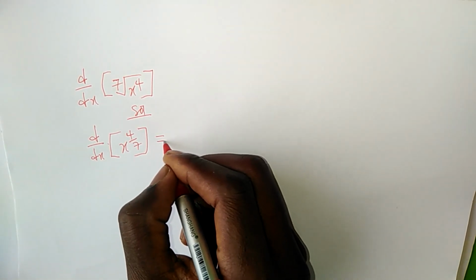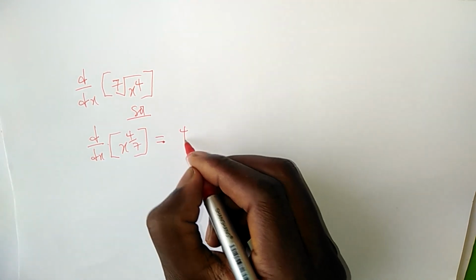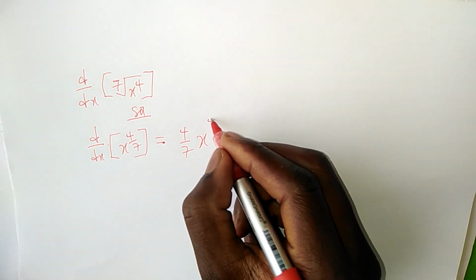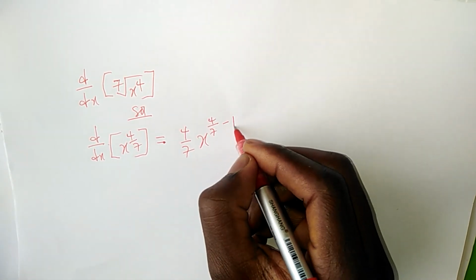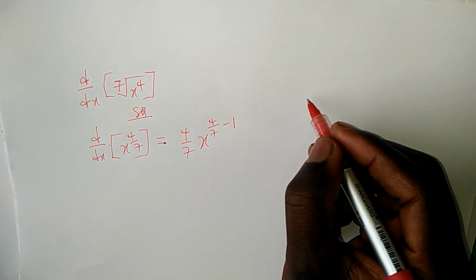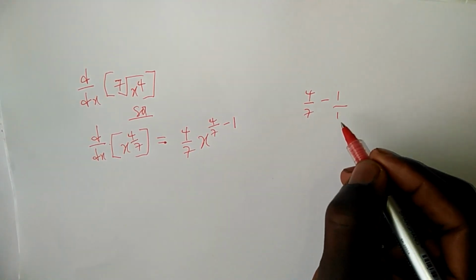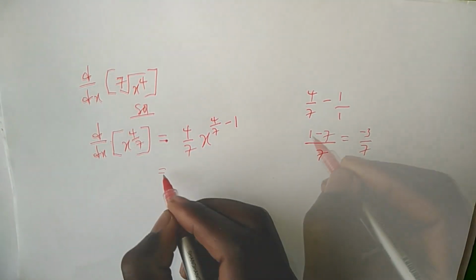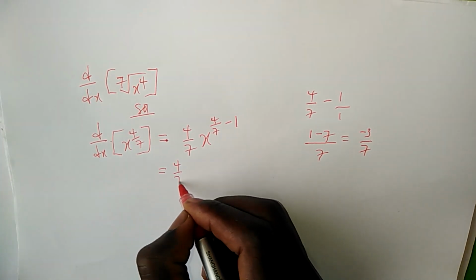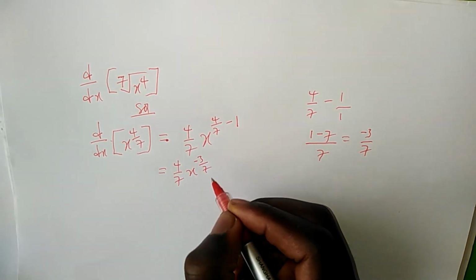Now, to differentiate this function, we say 4 over 7 x to the power 4 over 7 minus 1. Now, what we are trying to do is 4 over 7 minus 1. Bring down 7, and what we'll have is 4 over 7 x to the power minus 3 over 7.